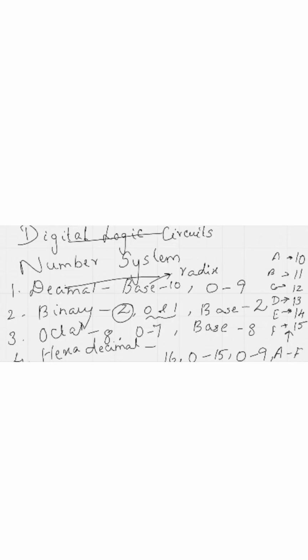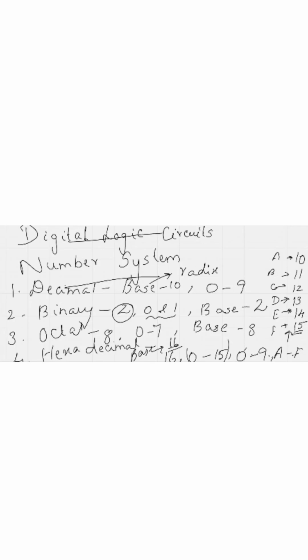So it totally ranges from 0 to 15 as decimal values. So it has 16 numbers, and the base value for this number system is 16.